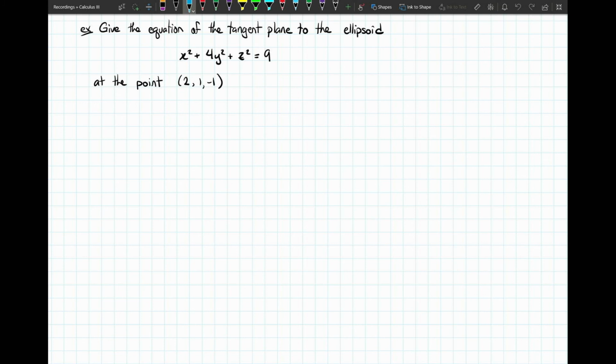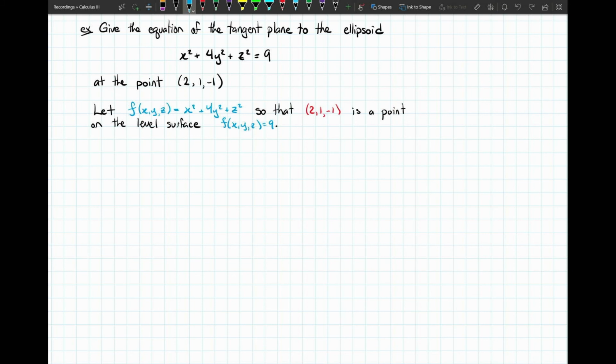What if we want to find the equation of the tangent plane then? Well, this is already in the form of a function of 3 variables equals a constant. So let's let f(x, y, z) equal the function x squared plus 4y squared plus z squared, so that the point that we have is really just a point on a level surface of the function where that function equals 9.